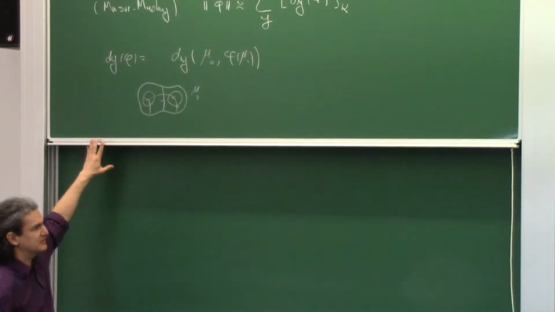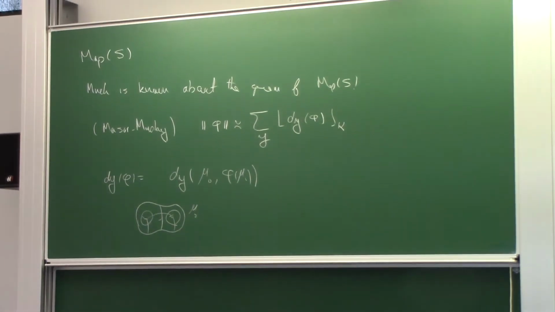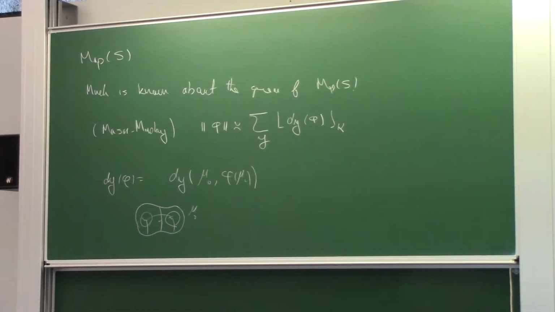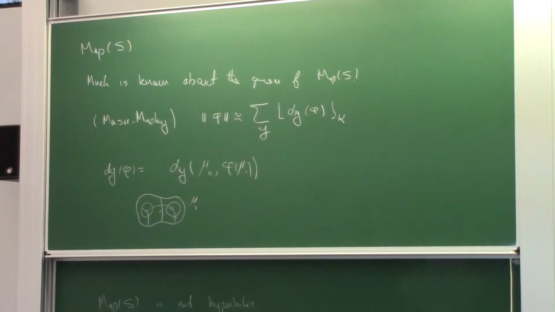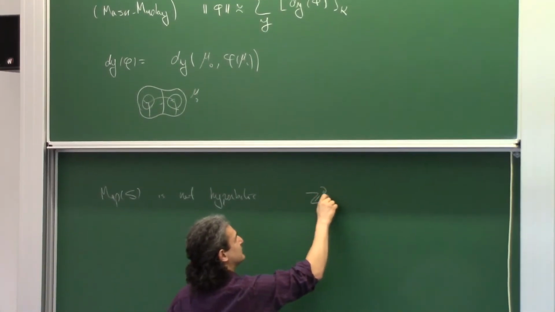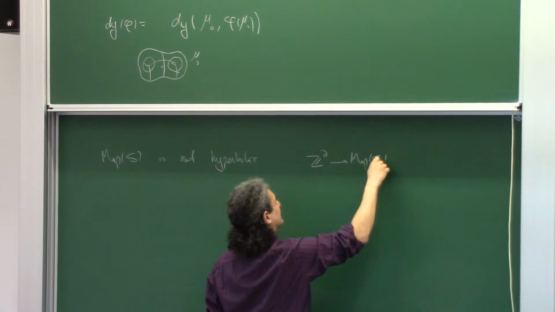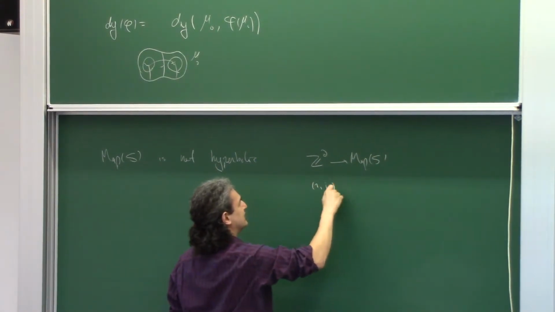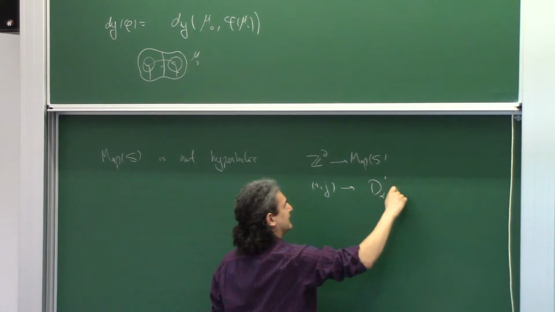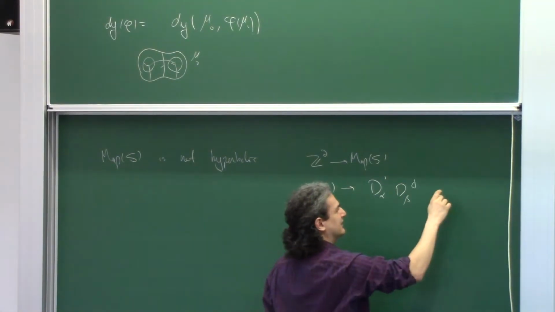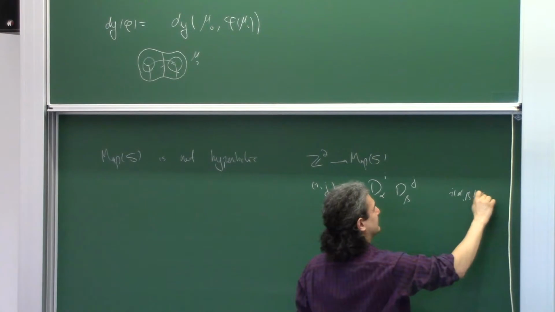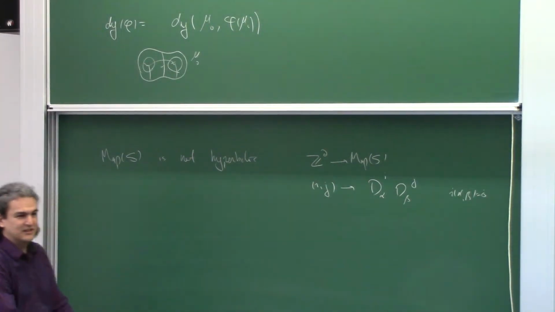So this has lots of consequences. For example, it tells you that the mapping class group is not a hyperbolic space in the sense of Gromov. You could in fact do this more easily: if you have a map from Z^2 to the mapping class group, which sends (i, j) to, let's say, the Dehn twists D_alpha^i D_beta^j, where the intersection of alpha and beta is 0, this is a quasi-isometric embedding.